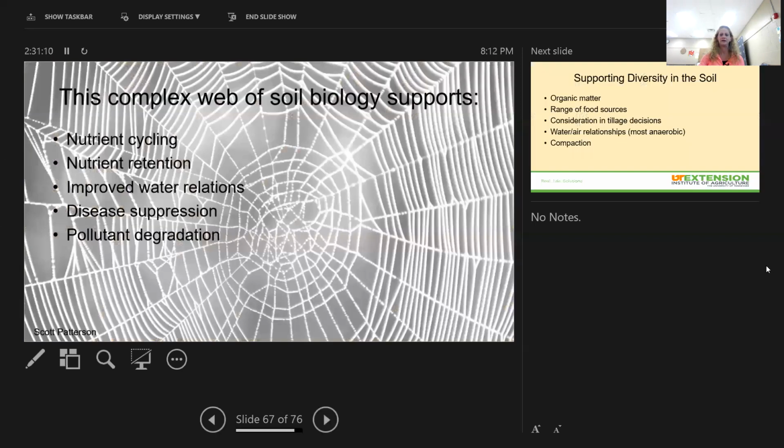So basically, our soil, it's a complex web of biology, the ecosystem. You have the nutrient cycling, you have nutrient retention, improved water relations, and a good soil is going to help with disease suppression.